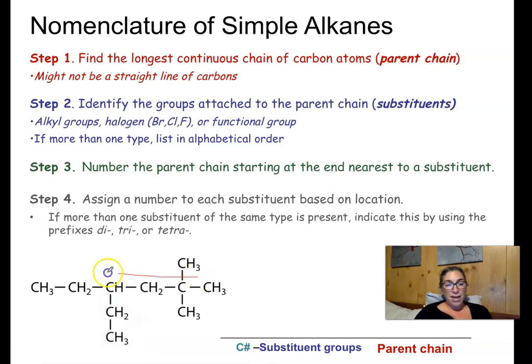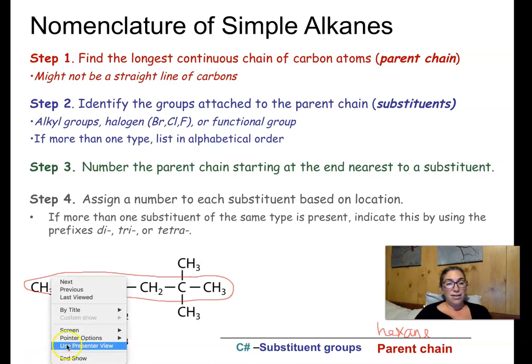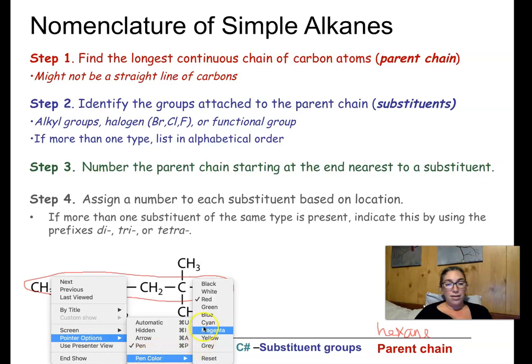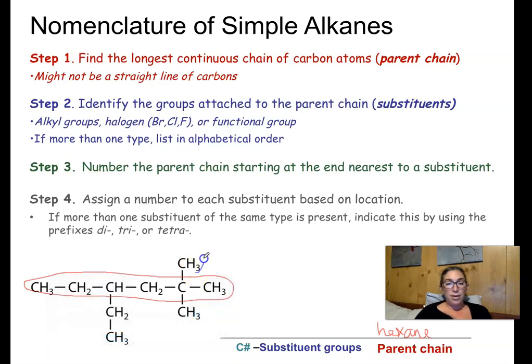All right, in red, we had our parent chain here, and that was a hexane. And then we said in blue, we have 2 methyl groups, and we have an ethyl group. Ethyl comes before methyl in the alphabet, so we wrote ethyl.